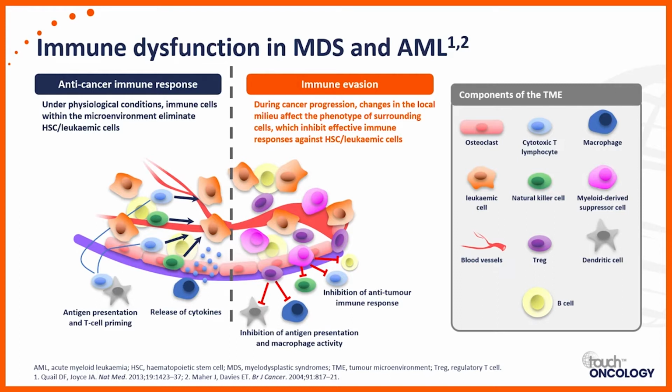In MDS and AML, and also during cancer progression, changes in the local milieu, also inflammatory changes, affect the phenotype of surrounding cells, and this may then also inhibit the effective immune responses against the pre-malignant or malignant clone. So what we know is that this very, very diligent balance of the cells in the bone marrow is significantly disturbed very early at the time of the disease.